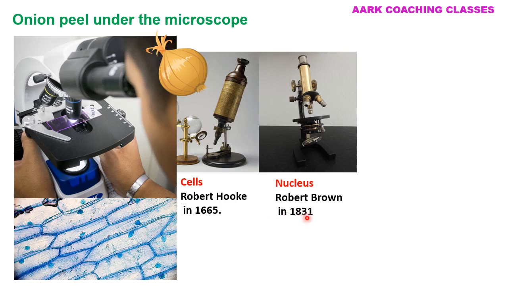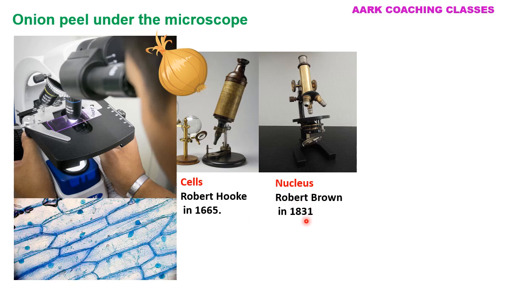In 1831, Robert Brown was able to identify these structures in the cells, and these are nothing but what? Nuclei. Nuclei is the plural of nucleus. This dense body inside a cell is known as what? Nucleus. It was first discovered by Robert Brown in 1831.